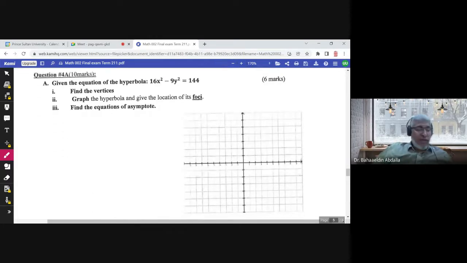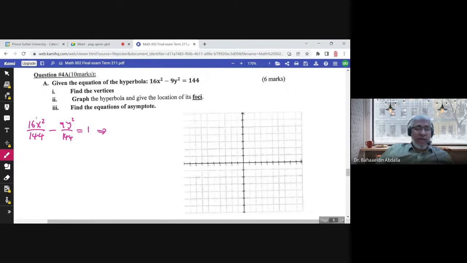Given the equation of the hyperbola. We studied hyperbolas in section 10.2. This is a hyperbola with center 0, 0. And we know the first step is to divide both sides by 144. When I divide by 144, 16x squared over 144 minus 9y squared over 144 equals 1.